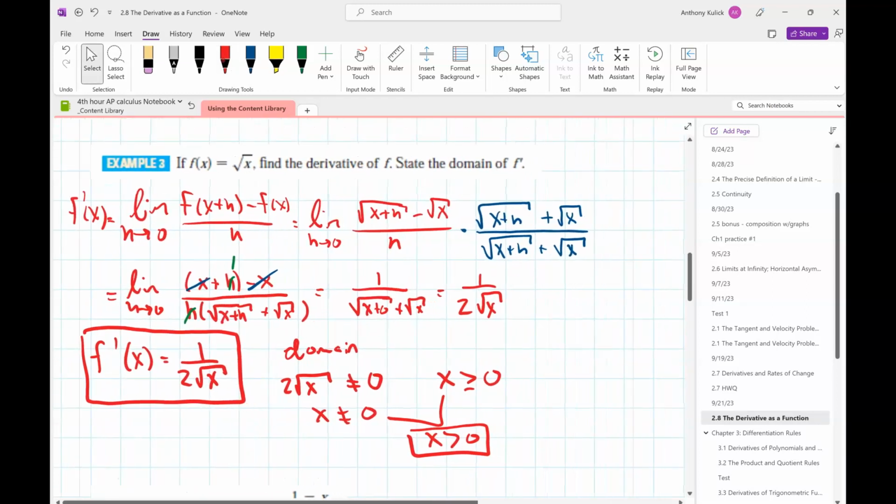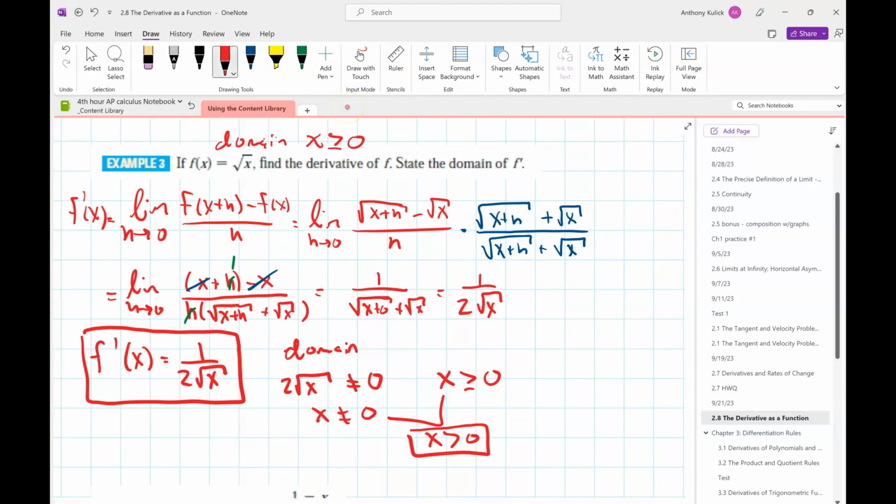But what was the domain for f of x? Yeah, x is greater than or equal to 0. What do you notice here? Like 0 is an open dot. They're different. So what is f of 0? We know it's just the square root of 0.